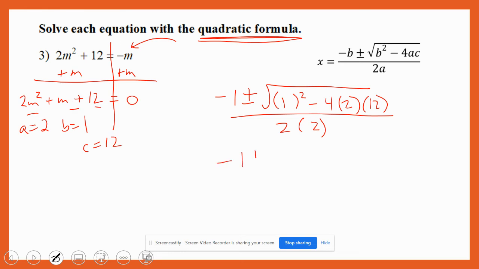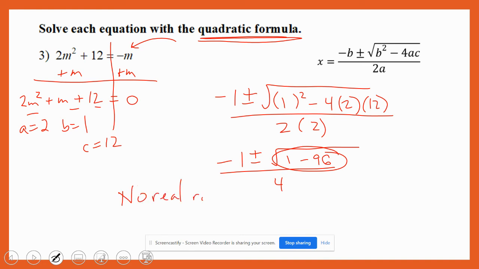When you go to put this in your calculator, you have basically 1 minus 96. And put that in your calculator, and you get some kind of an error message because this is going to be negative. It's an imaginary number, so we can just write no real solutions or no real roots.